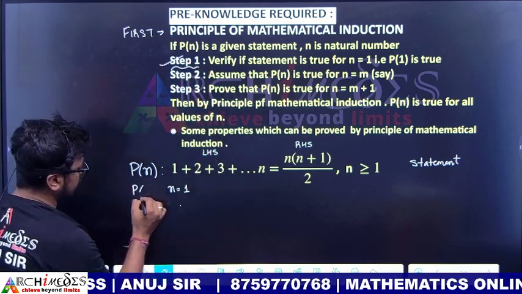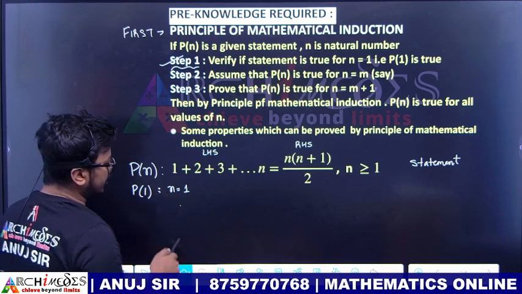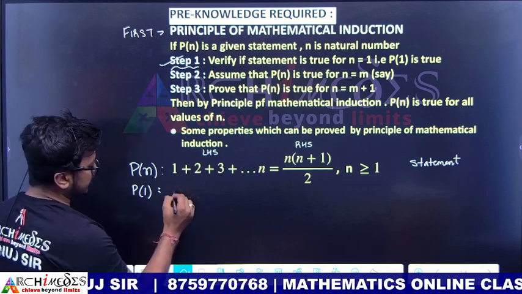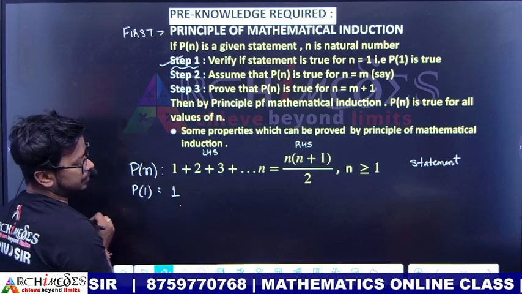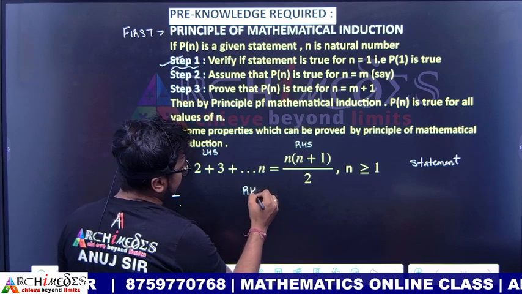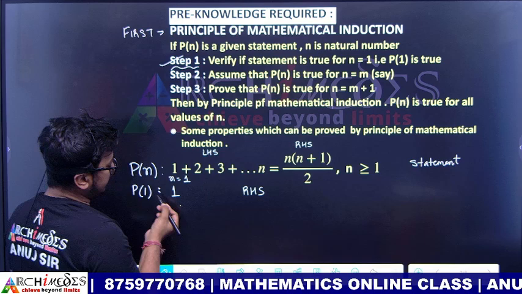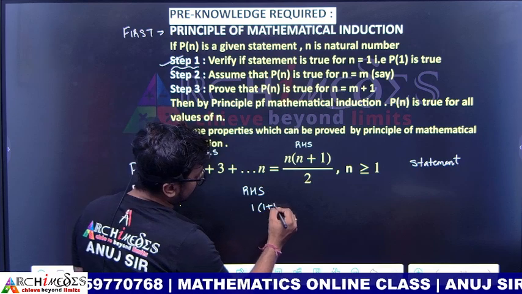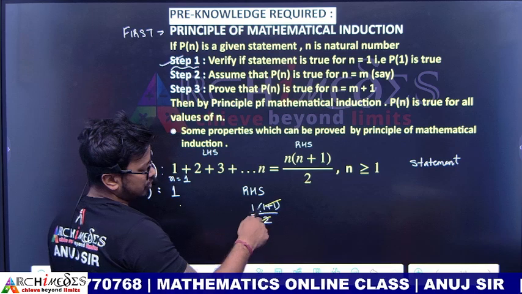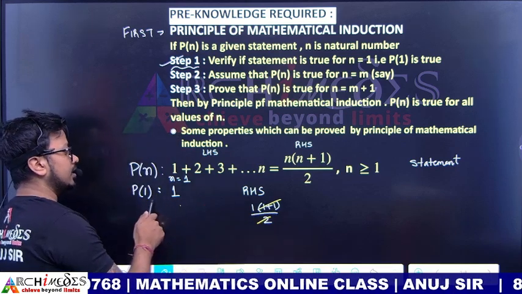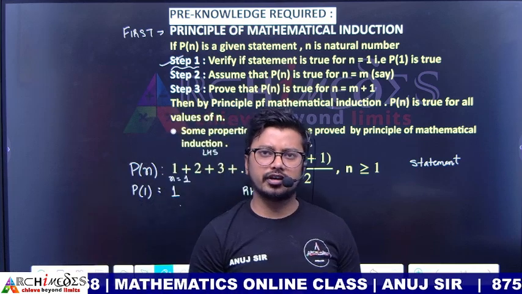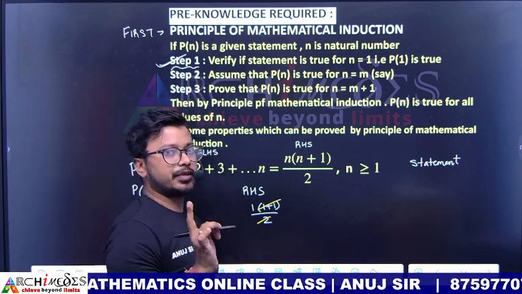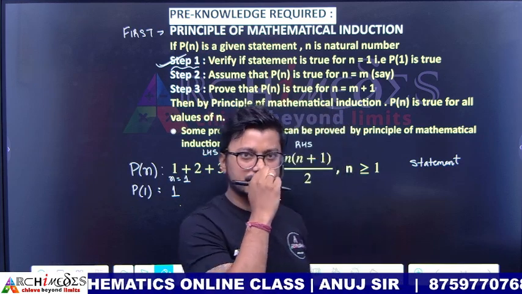So if I put n equals 1 here, you just have to add one natural number only, and that natural number is 1. This is the LHS part. In RHS, when you put n equals 1, you get 1 times 1 plus 1 by 2, which is 2 by 2, which is 1. So LHS equals RHS. That means the theorem is proved for n equals 1. This is the first step. So first you have to verify whether the statement is true for n equals 1 or not. This is the first principle of induction.